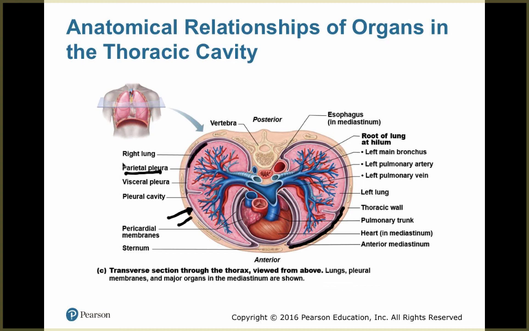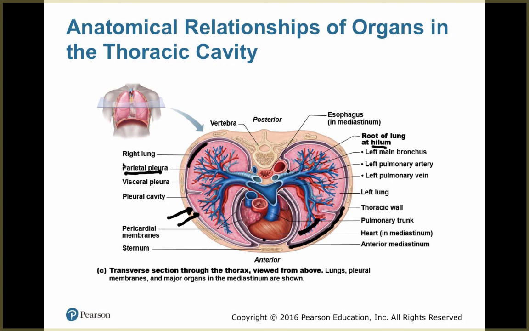And then that area between the two, that's where you're going to find the cavity and the fluid. And you're going to see that it's subdivided on both sides. What's great about this, you can actually see that back area that we were talking about earlier, the hilum, that's the root of the lungs that you can see towards the back here when we're looking at the mediastinum and some of that connection in the back. And you can see here that this lung over here is slightly smaller because more of the heart goes into that side of the body.